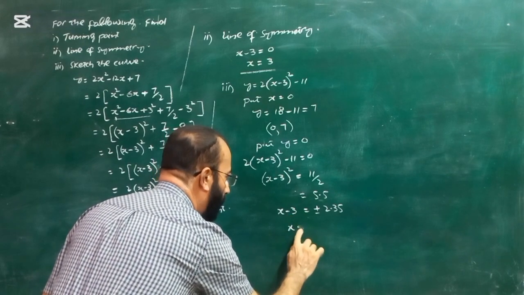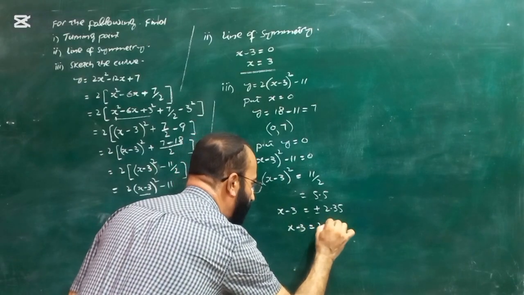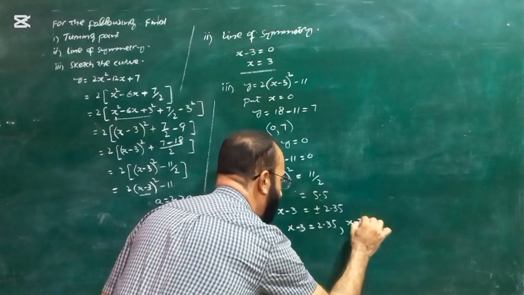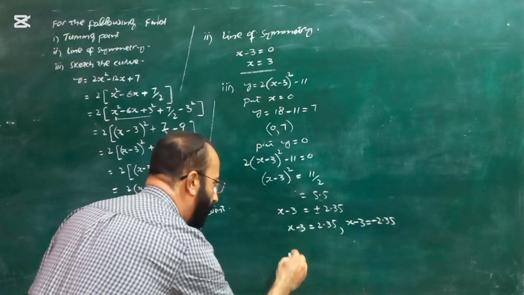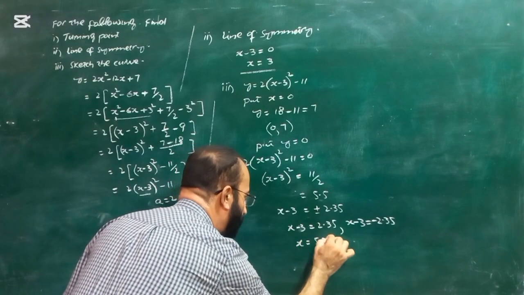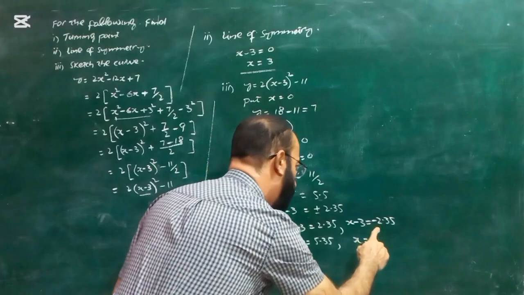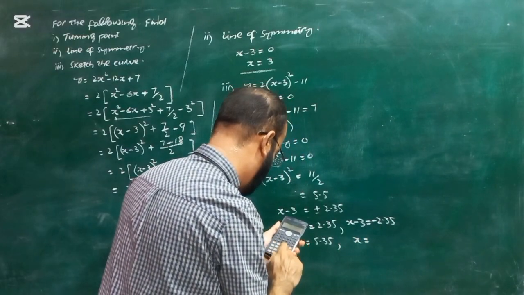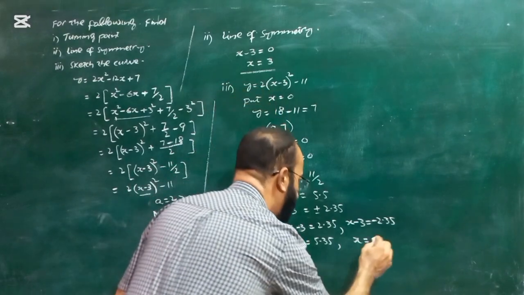First take the positive value, x - 3 = 2.35, and second, x - 3 = -2.35. So from here x = 5.35, and from here x = 3 - 2.35, which is equal to 0.65.